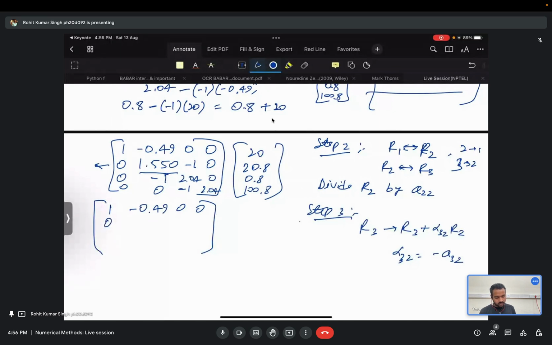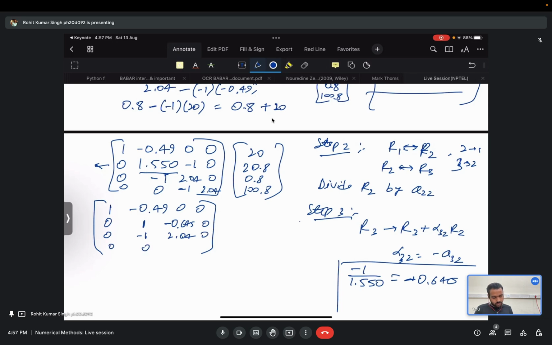Here will be 0, here you'll have 1 because you're dividing it by itself, and then you'll have minus 1 divided by 1.550, and it will give you minus 0.645. So here you'll have minus 0.645. This is 0, and the below terms remain the same: 2.04, 0, 0, 0, minus 1, 2.04.